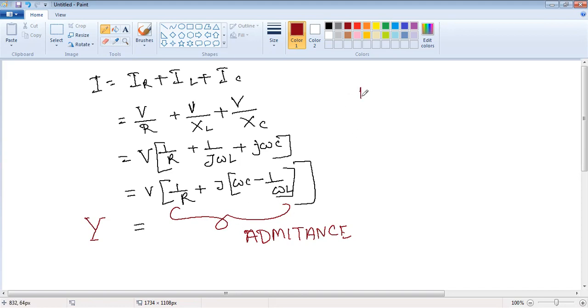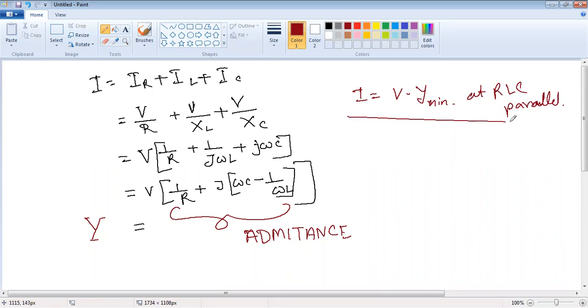So I is V into Y, and for the resonant condition, this is the minimum, in the parallel RLC. Okay, and do you have any question up to that? Otherwise, please join for the next video.